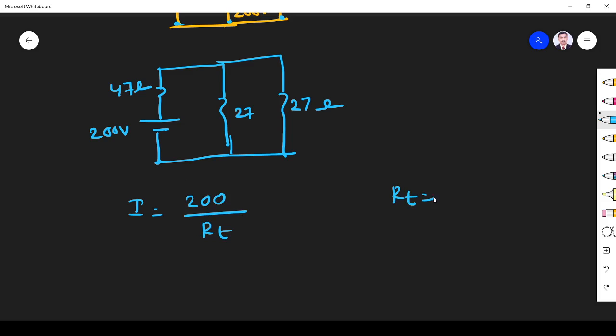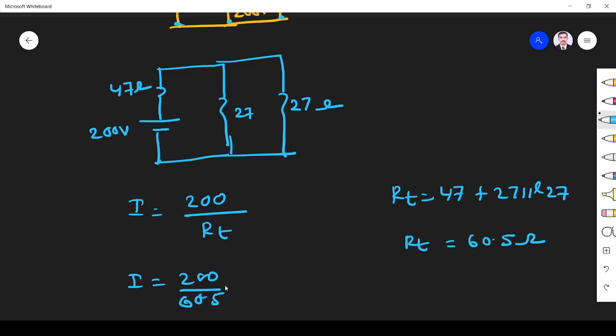R total is given by 47 plus 27 parallel 27. If you simplify this, what you get is 60.5 ohm. So I is equal to 200 divided by 60.5, that is equal to 3.305 amperes.